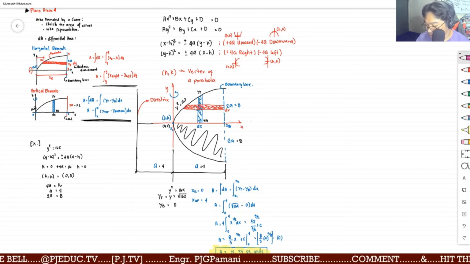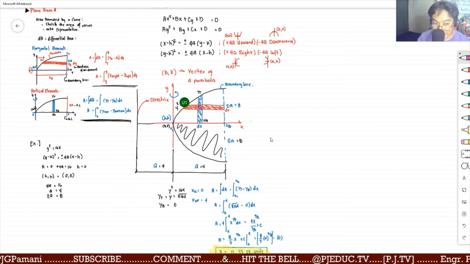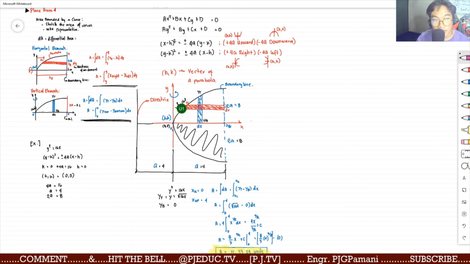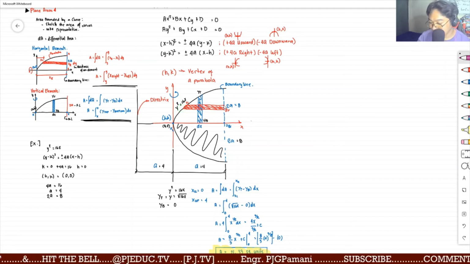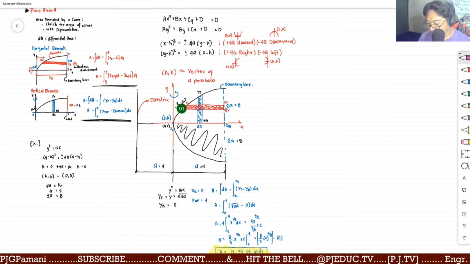On this section, that strip considers a part of the parabolic curve. Let us consider that as x left. And on this section, our horizontal strip considers a part of the boundary line, such that boundary line is now your x right.